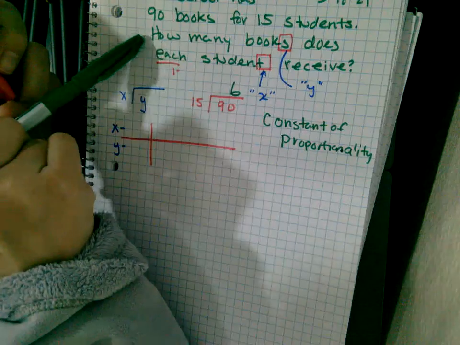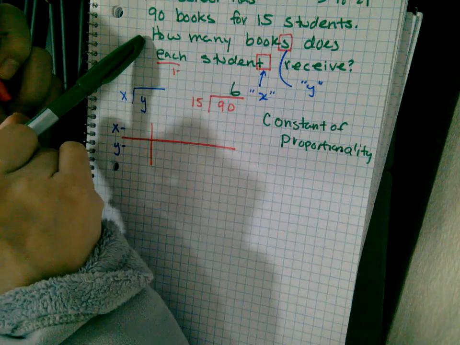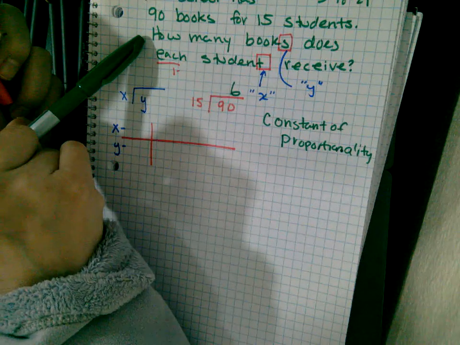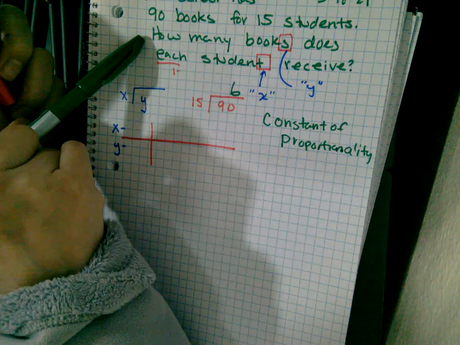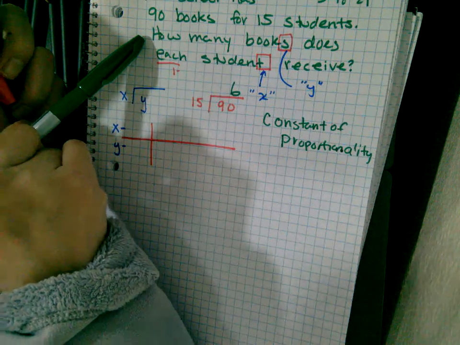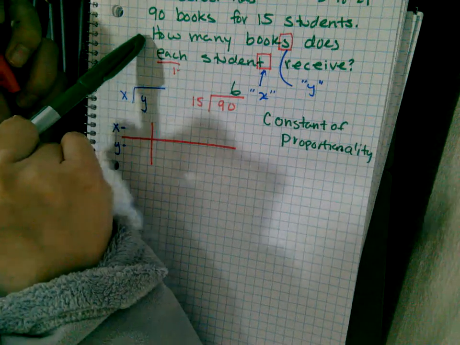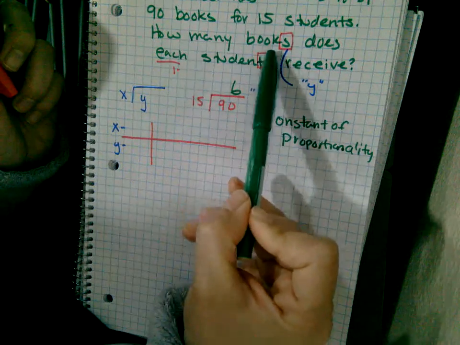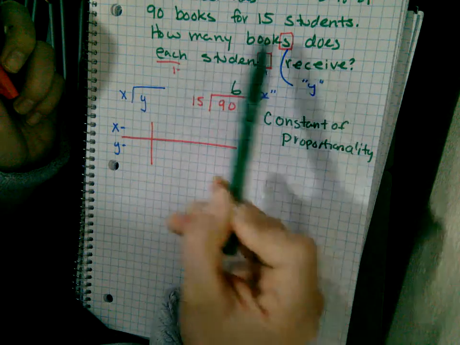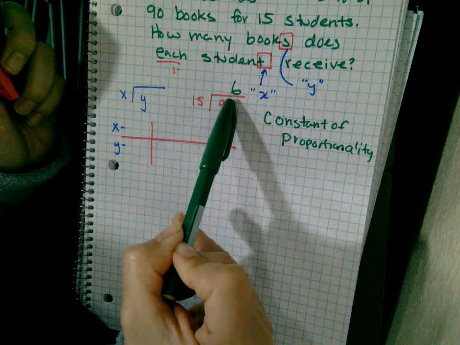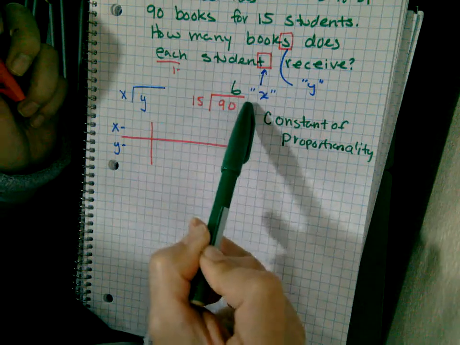Just read the question, not the word problem. When in doubt of what am I solving for, read the question. The question will go like, how many books does each student receive? Oh, how many books? Oh, 6. That's how many books? 6.